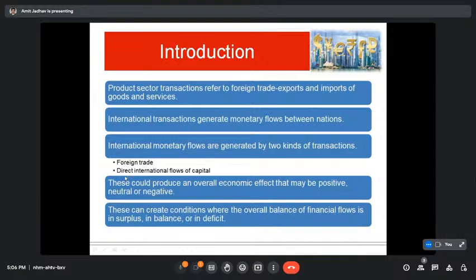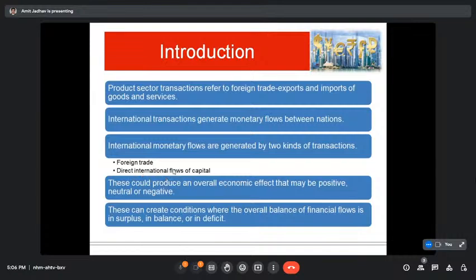The second is the direct international flow of capital. If outside investors want to invest some amount in a particular nation, they send their capital to that nation and invest it there.